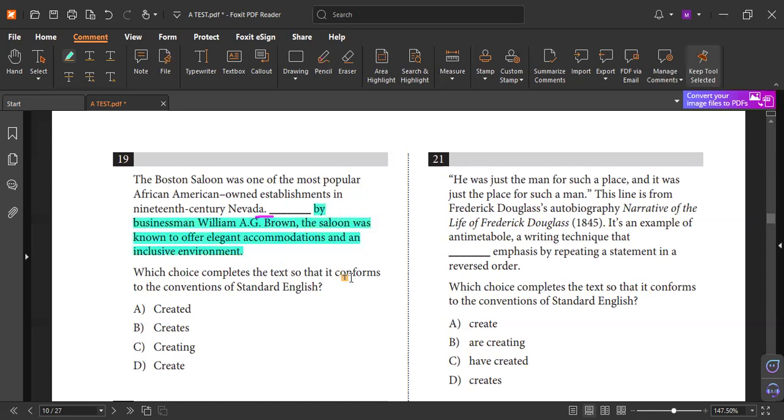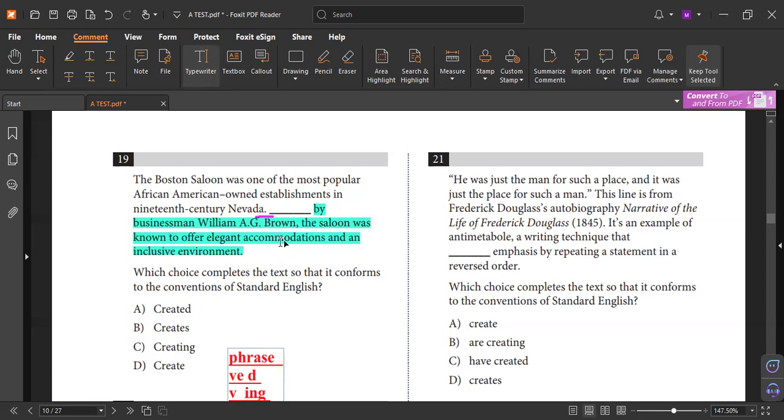But here, I know in writing skills that the writer can start with a phrase, and the phrase can be a past participle phrase or a present participle phrase, verb plus ed or verb plus ing.